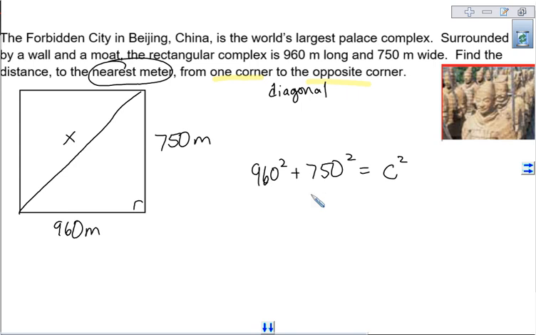So 960 squared plus 750 squared. We get 1,484,100 equals c squared. And then we're going to take the square root of both sides.